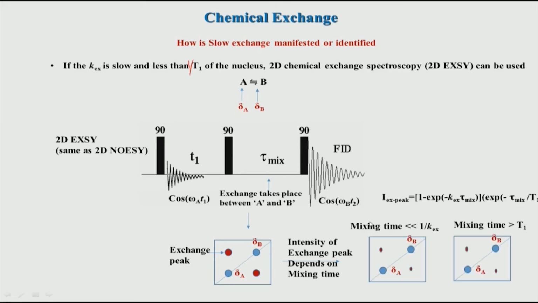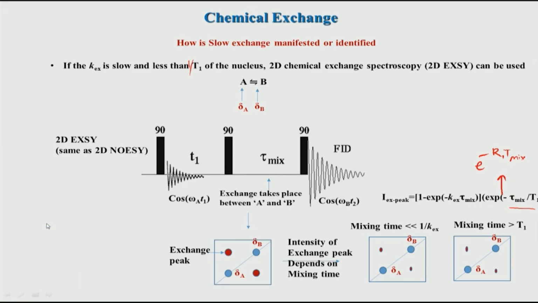This whole thing can now be represented by this formula, that the exchange peak intensity depends on the mixing time and on the exchange rate. Here there is a slight error which I will correct. This is exponential of minus R1 times tau mix, which is shown here.